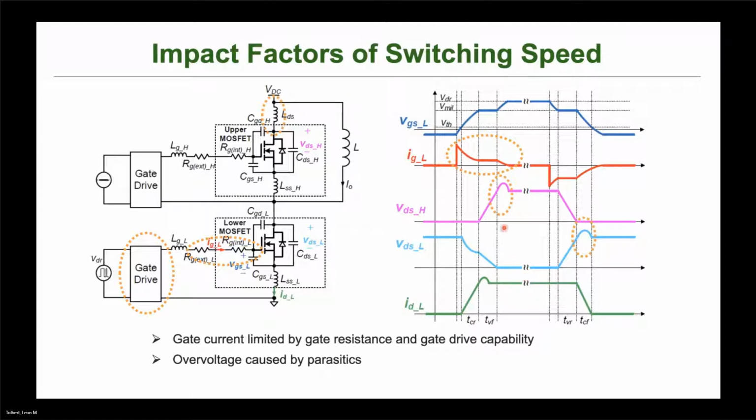The other issue is this overshoot when things turn off. You can see here there's this voltage across this device when it goes from on to off, and there's overshoot. We can tolerate a little bit of overshoot, but not too much. If we overshoot too much, we might exceed the voltage rating of our device and it could be destroyed.